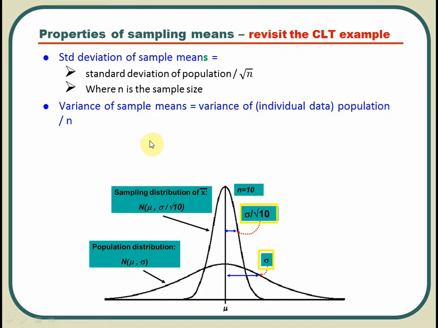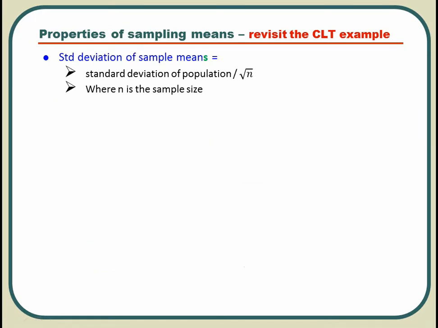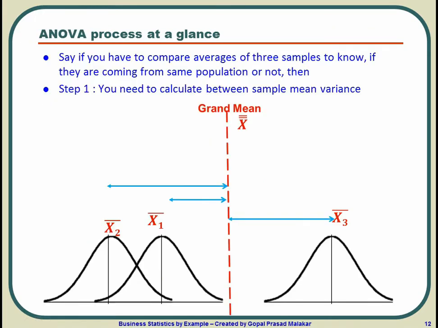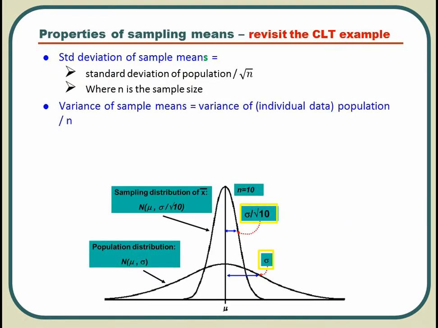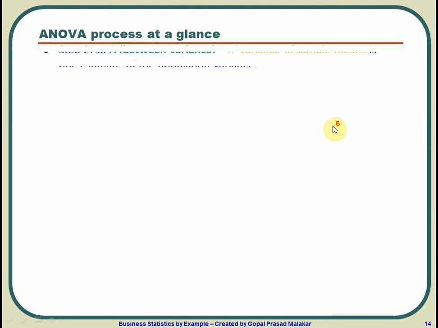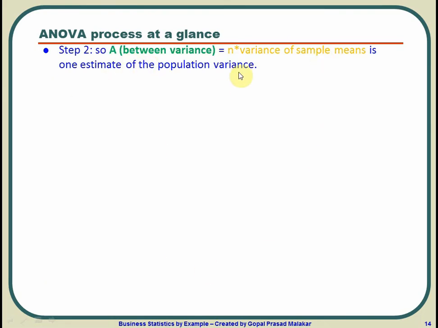So if you know the between sample mean variance and you have to calculate the population variance, you just multiply it by n. That will give you the variance of the individual data in the population. So that is one estimate of population variance.